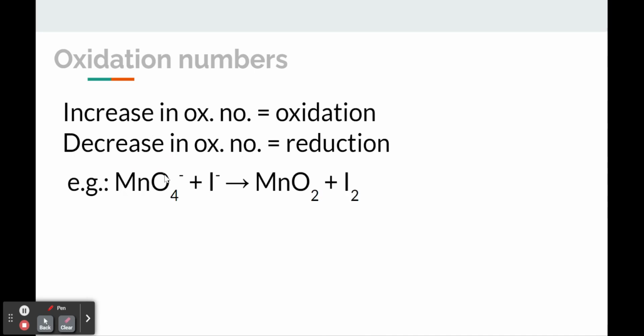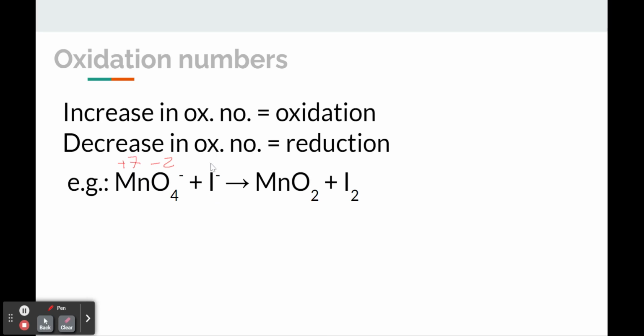Here's another example. In this permanganate, MnO4 ion, the oxygen is going to have a -2, which it usually does. -2 4 times is -8. So the manganese has to have a +7 oxidation number because it has to add together with that -8 to give you a -1 because that's the charge on the ion.